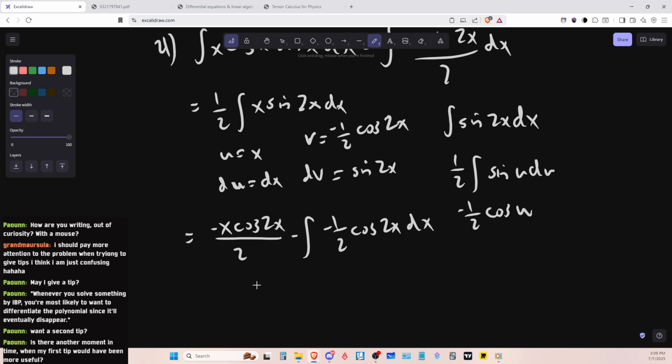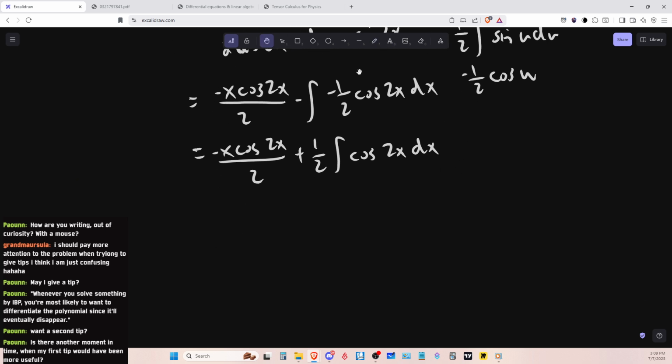Yeah, there we go. And I think we can move that into the front, so times a half, and then we have cosine, like so.